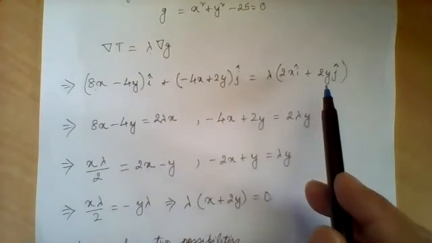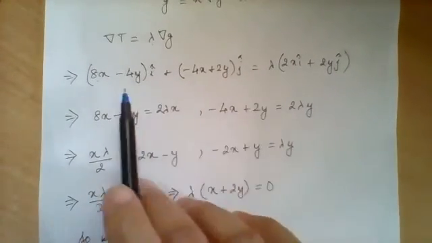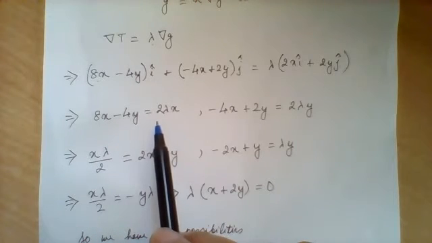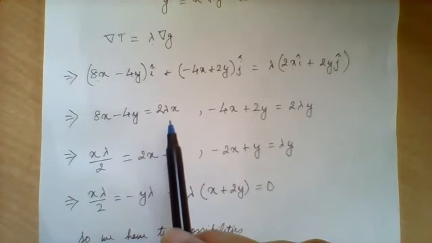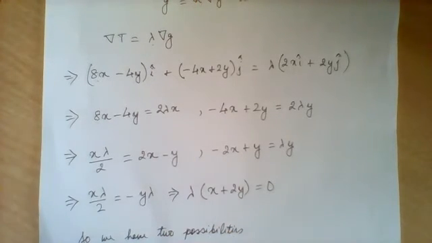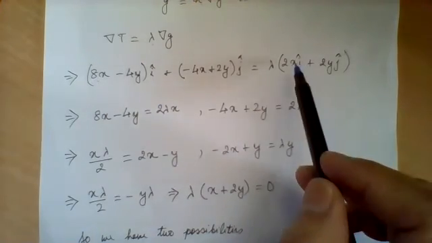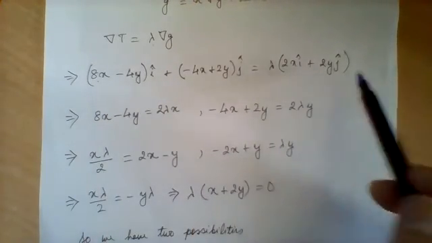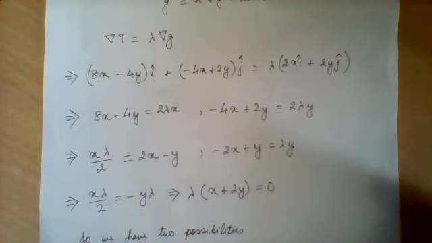So from this equation, you simplify it. We can compare the x components and y components separately. This is a vector and this is also a vector. For two vectors to be equal, their x components should be equal and their y components should be equal.